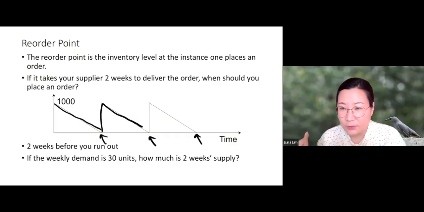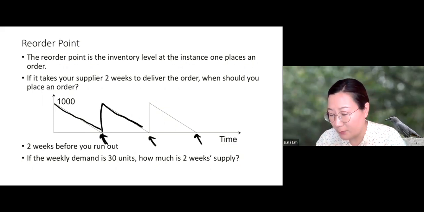Since it takes 2 weeks until your supplier delivers an order, what should you do? To receive your order at this point, you need to place an order 2 weeks before you run out, right? So you need to place an order at this point.